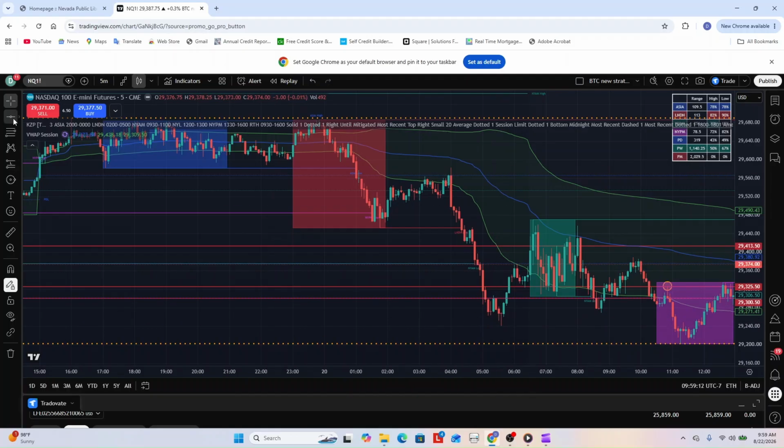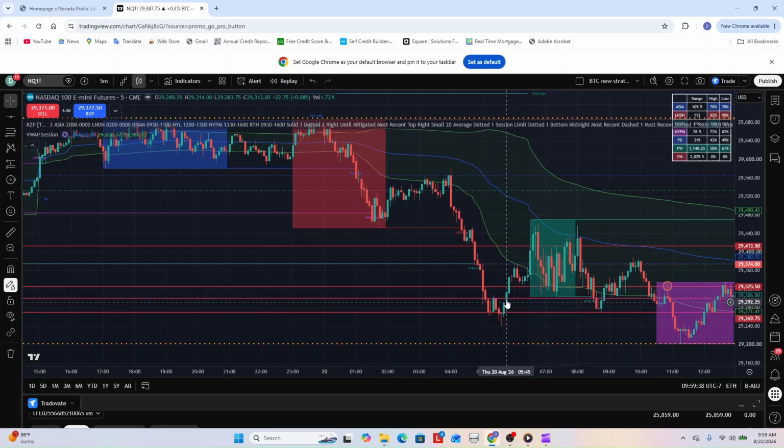What you could have done was wait for the next candle. You could have played it two ways. If your next candle closed green, you could have waited for it to close green and then jumped into the trade, or you could have just jumped into the trade once this candle crossed the line.